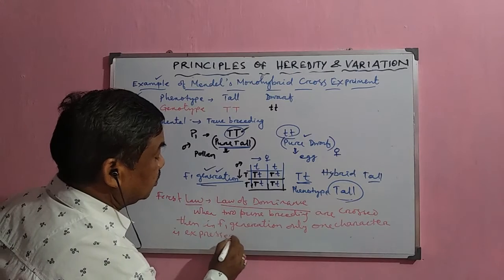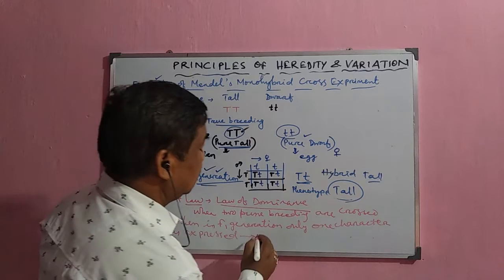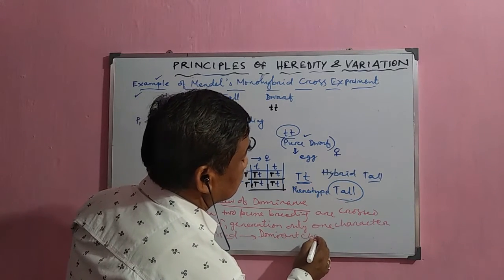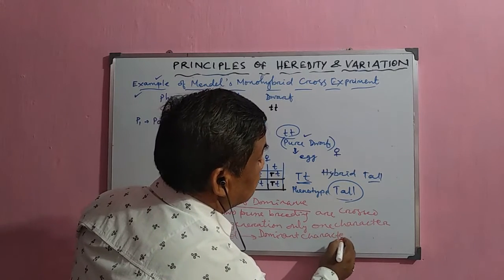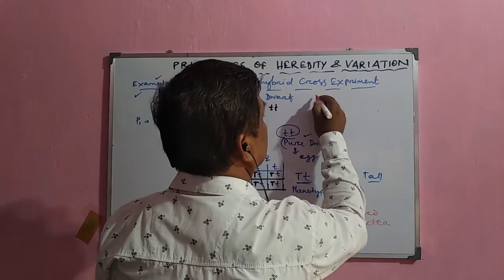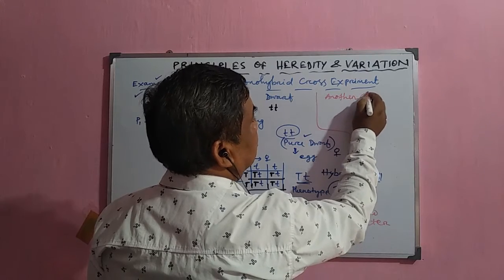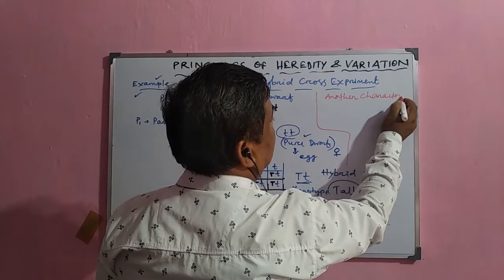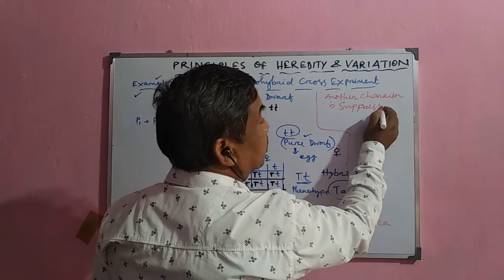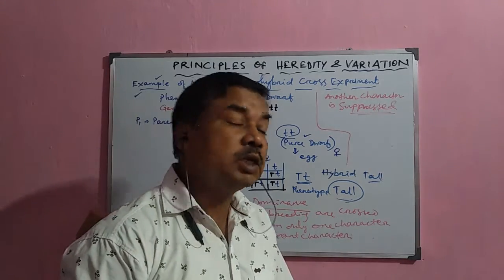And the character which is expressed in the F1 generation is called the dominant character. This is the dominant character. And another character, which is suppressed here, is called the recessive character.